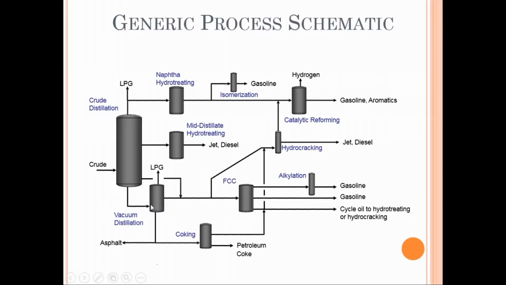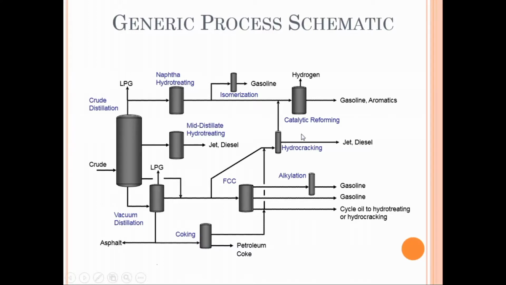Then we have naphtha hydrotreating taking place here, where the lighter product is collected. The middle product, the mid distillate, we take through a process called mid distillate hydrotreating. So each of these processes: hydrotreating, isomerization, vacuum distillation, coking, alkylation, and the rest of them.